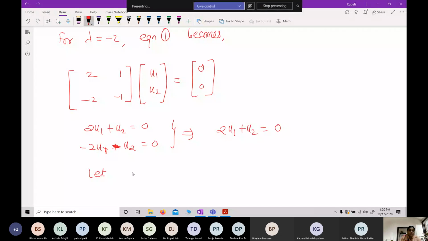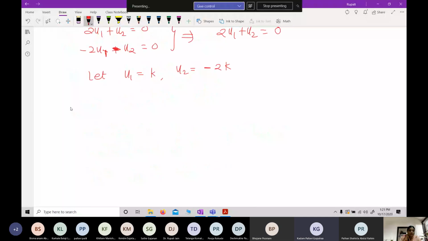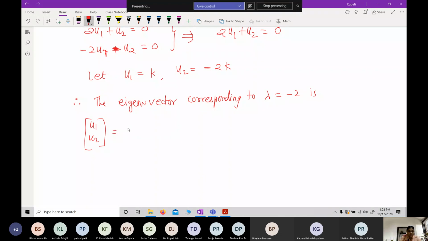So let u1 be equal to k. Then what is u2? Minus 2 times k. Okay. Right? Therefore, the eigenvector corresponding to lambda is equal to -2 is u1, u2, which is equal to k times (1, -2), right?